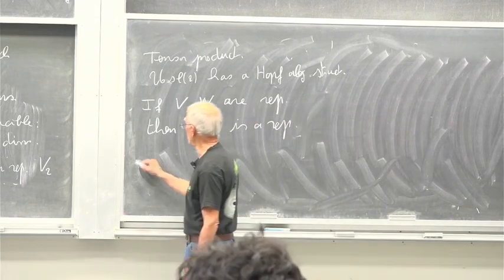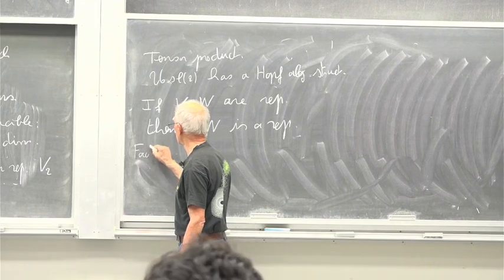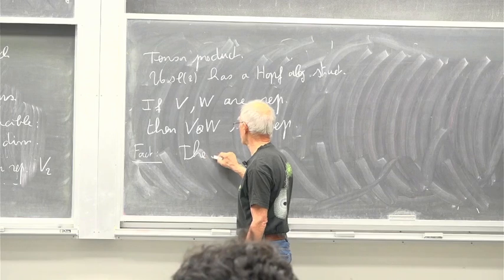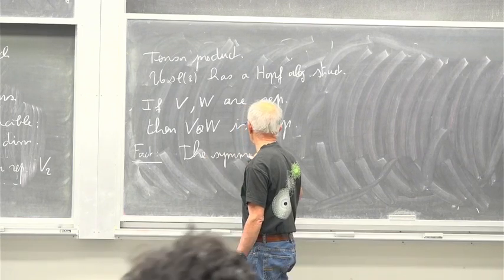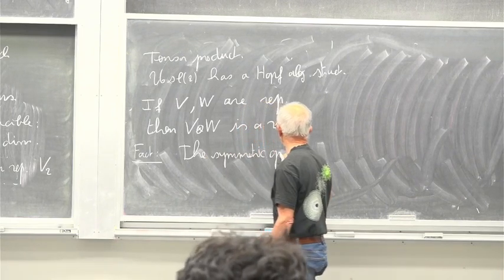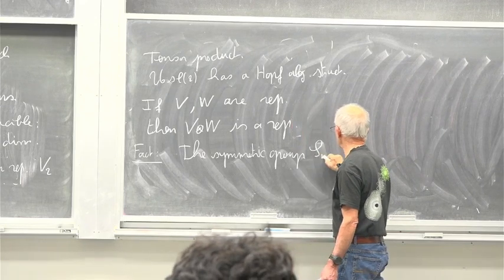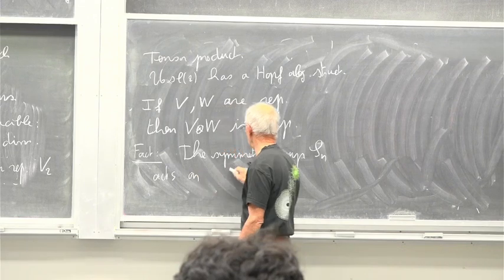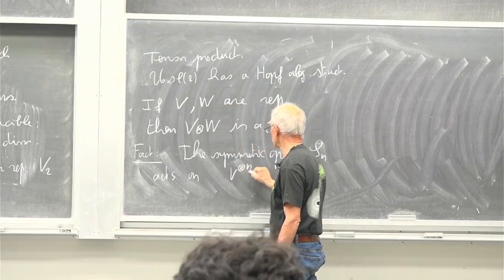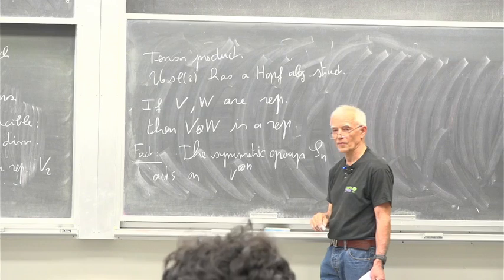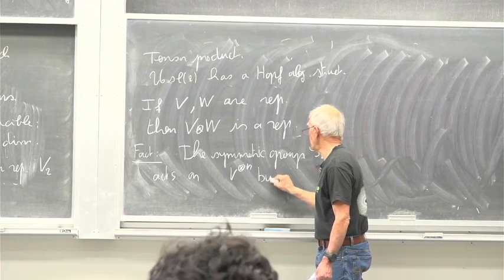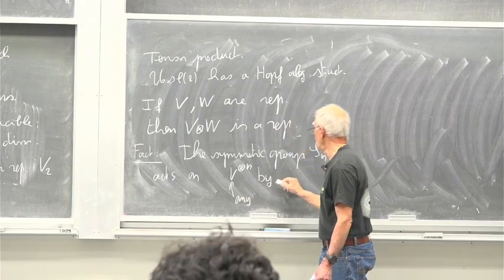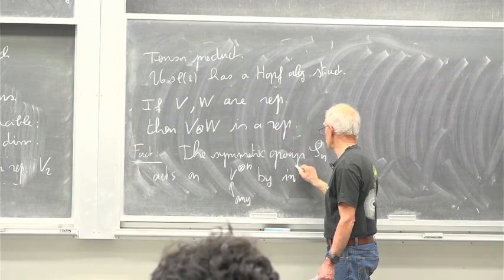This means, and one observation is that the symmetric group Sn acts on V tensor n, any representation, by intertwiners.